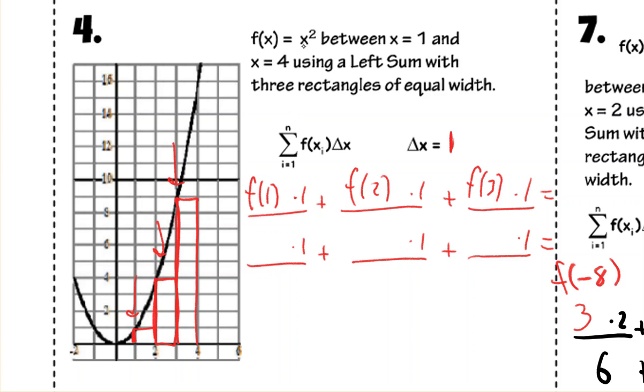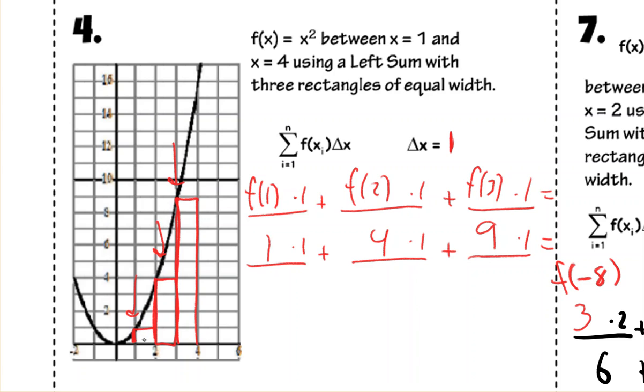Okay, well if we've got the function, we don't just have to hope it looks right and hope that we're not slightly off. Plugging 1 into the function gives you 1, plugging 2 into the function gives you 4, and plugging 3 into the function gives us 9. So that means this has an area of 1. Now doesn't that make sense?